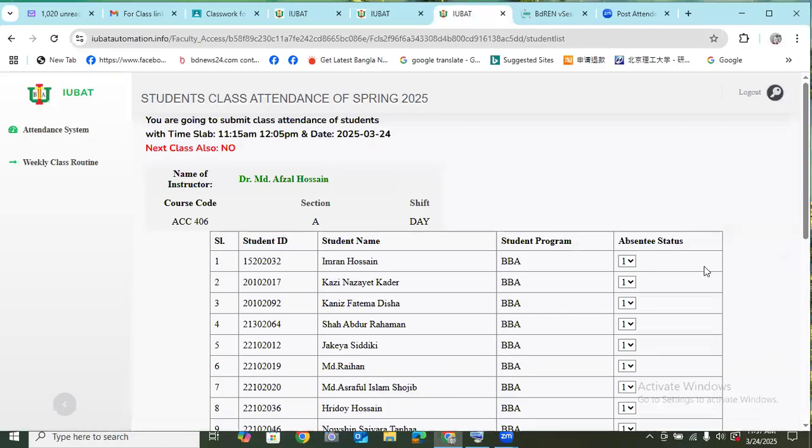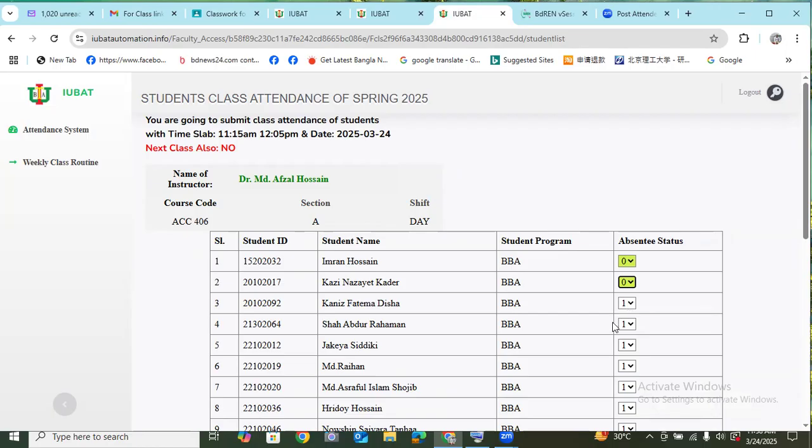Response your ID. Imran Hussain, absent or present? Total 16 participants joined with us, isn't it? Imran Hussain, absent. Kazi Nazayed Kader, absent. Kanis Fatima, present.